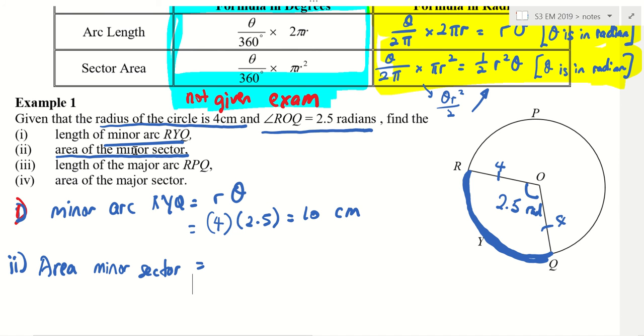Okay, Jiaxuan, area of minor sector refers to this formula. Do you understand? Why is it this formula and not theta over 360? It is because the theta here is in radian. So if it's in radian, I just use this formula.